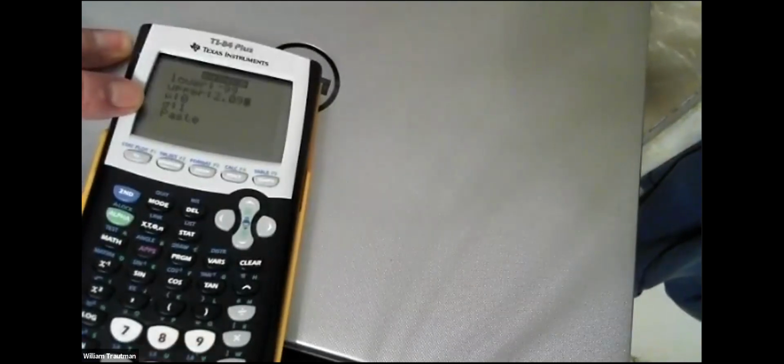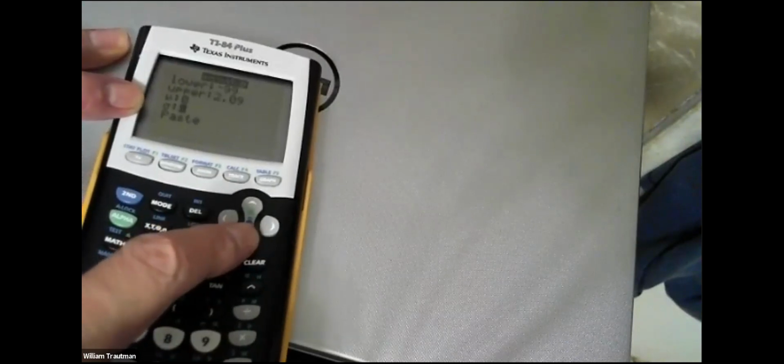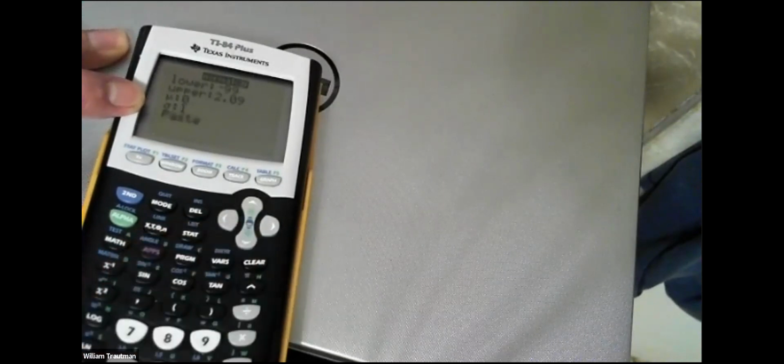The right side was positive 2.09. Our mean should always be 0. Our standard deviation should always be 1. And when we hit enter and then hit enter one more time, it tells us what portion of our graph is shaded in.